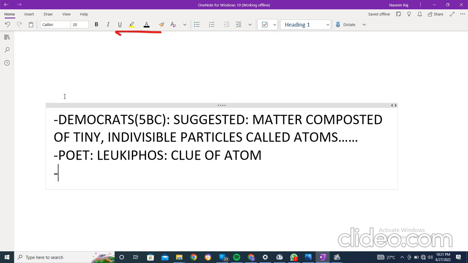After a long time, a well-known scientist came, John Dalton. He was a great scientist, as he had made a lot of inventions and discoveries.